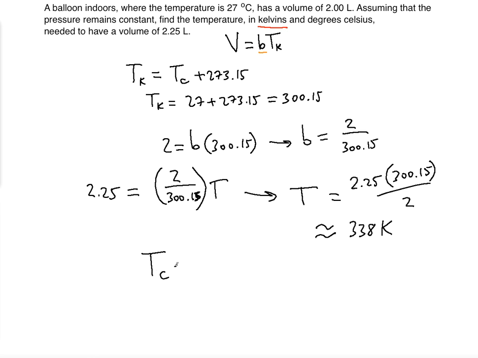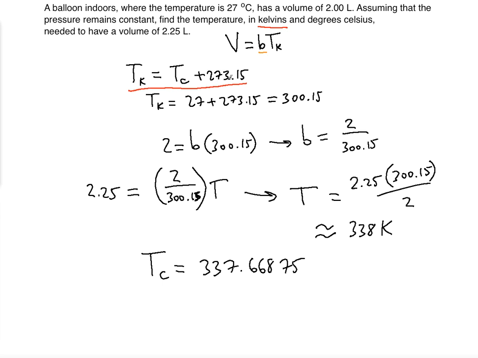So now we can find the temperature in Celsius using the found Kelvin, but we're going to use the calculator result, 337.66875. So now let's use this formula again, one more time. If you solve for the T subscript C, you will have to subtract 273.15 on both sides, right?